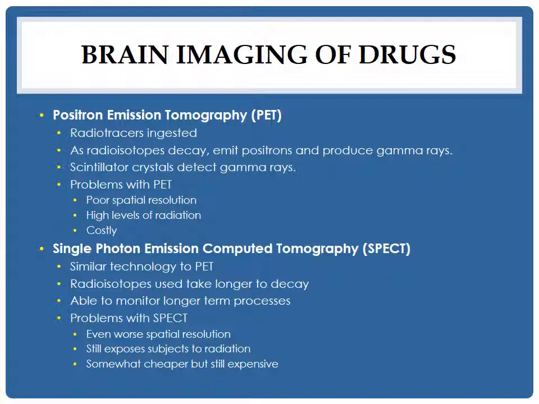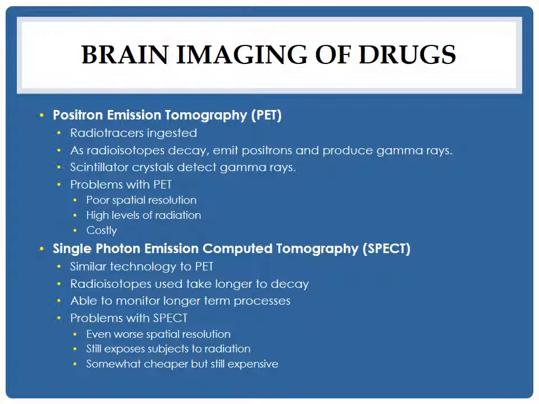There are a few different techniques that can be used to image the effect of drugs on your brain. First, we're going to talk about positron emission techniques. So positron emission tomography, or PET. A patient ingests a radio tracer, so that's a molecule of some sort, whether it's a drug or glucose or water, whatever the case may be, a tracer labeled with a radioisotope.